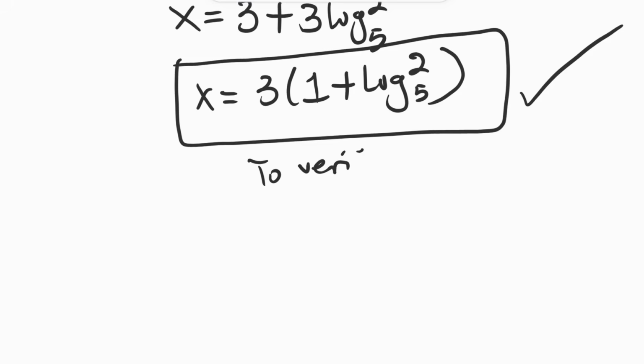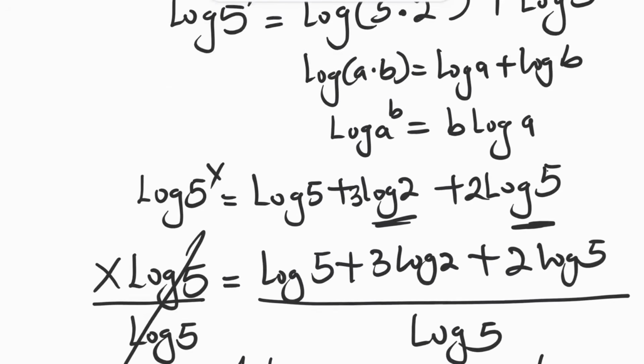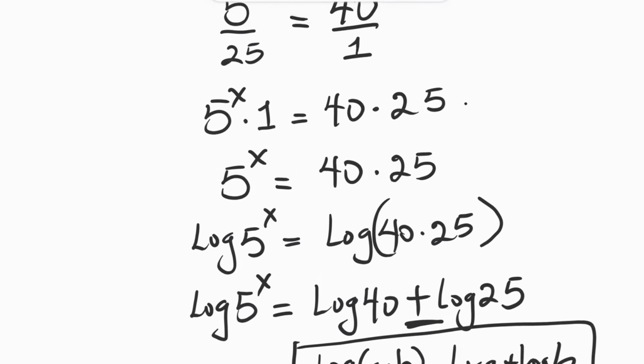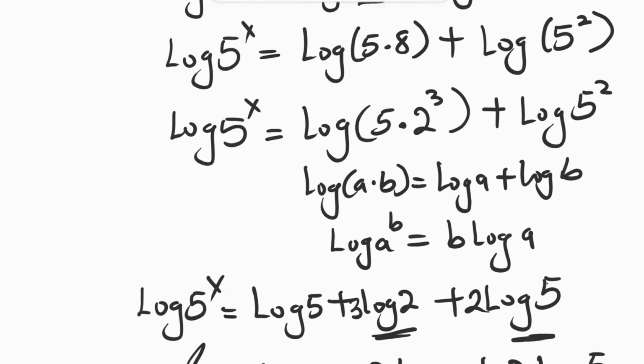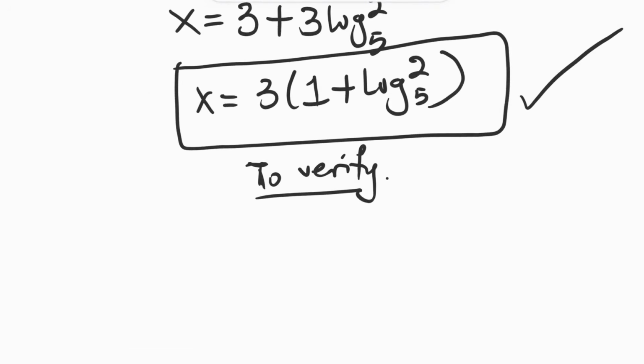So to verify, we're going to plug in the value of x back into our equation, and see if the answer we get on the left hand side is going to be equal to what we get on the right hand side. So we go back to our question. 5 raised to the power x minus 2 equals 40.